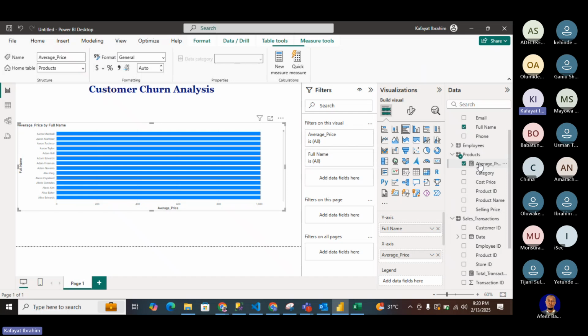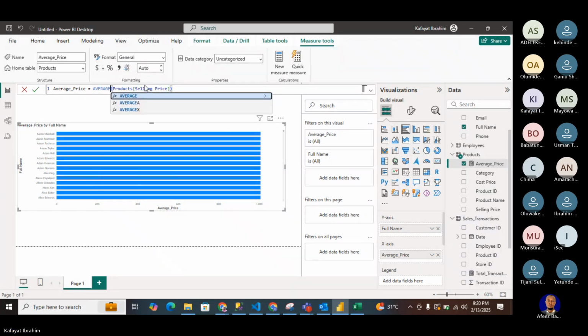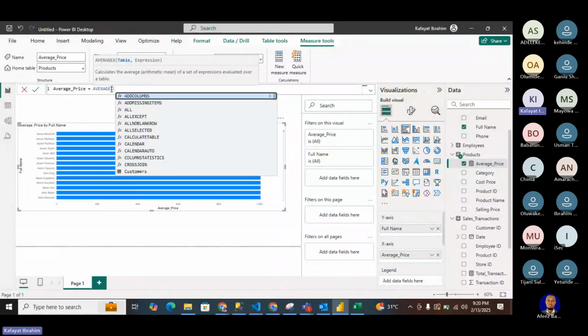Let me modify this code. Average X. For every price in this, average X. For every average of this, are they using what? Average X of table name. Which table are we using? Product table.